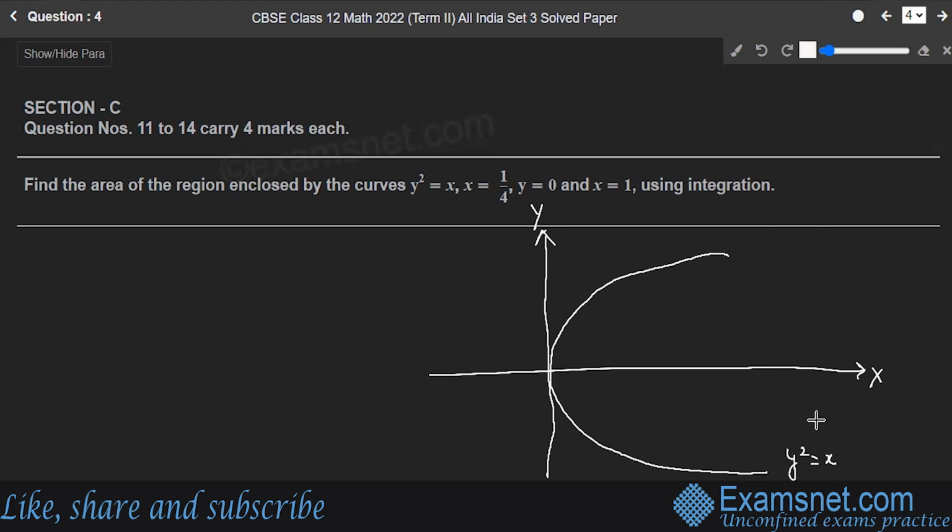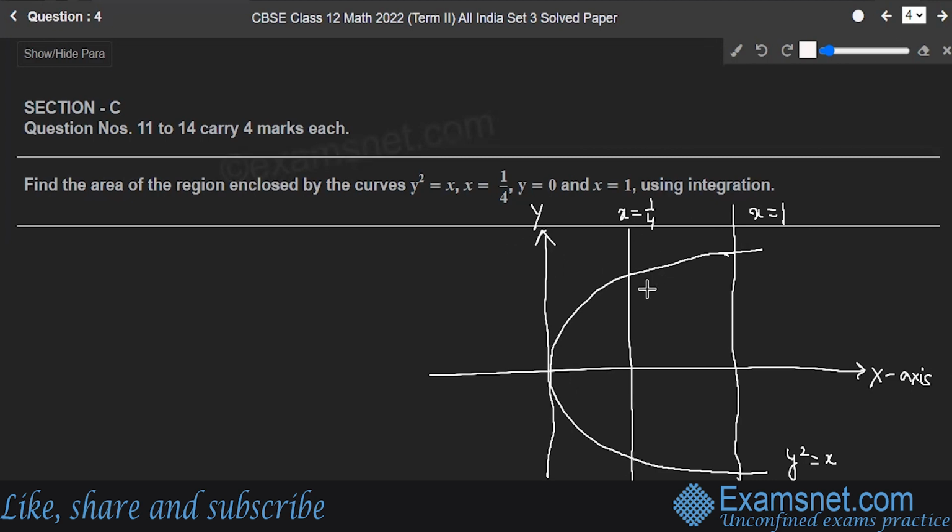And x is equal to 1 by 4, so this is a straight line, x is equal to 1 by 4. This is the line x is equal to 1. And the line y is equal to 0 is nothing but your x-axis.